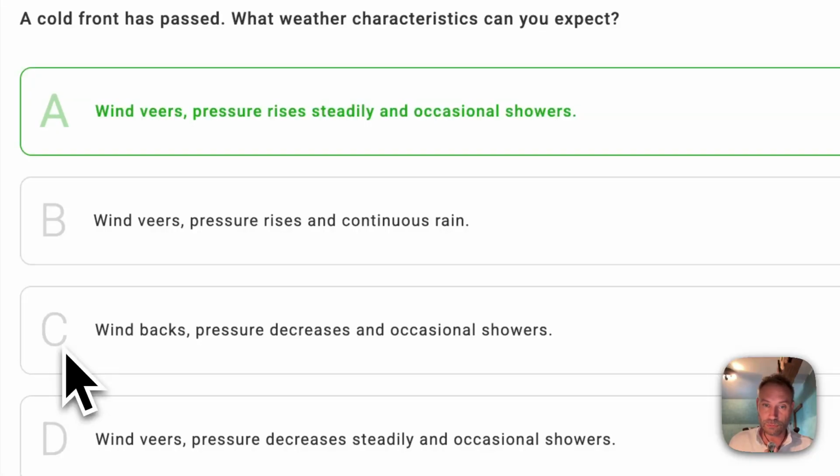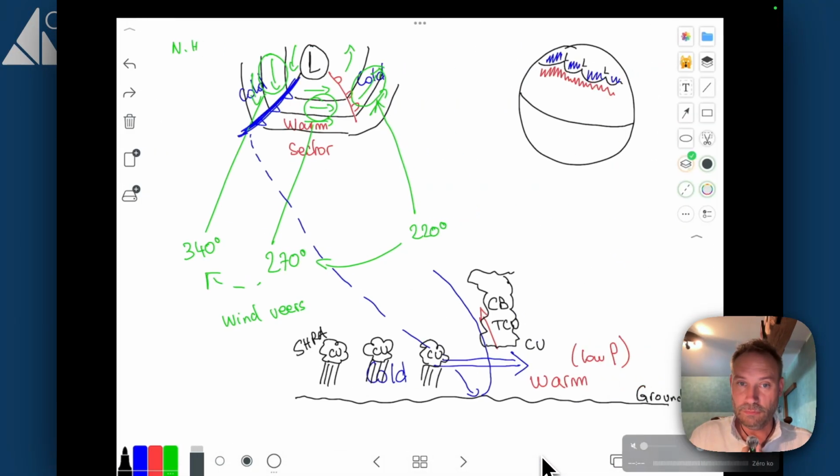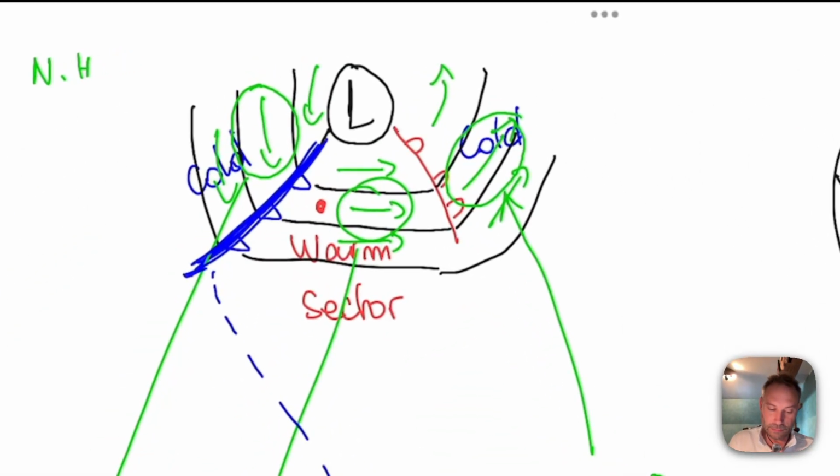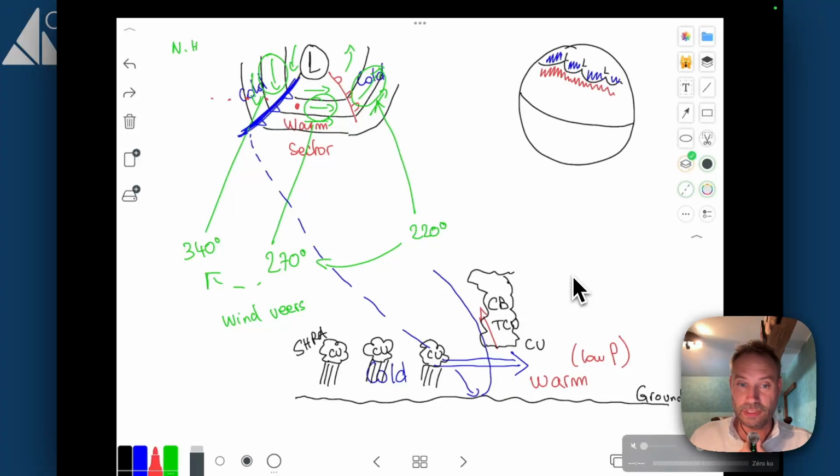We can also demonstrate it with the isobars, very simply, like if I come back to my drawing and if I imagine that I am placed here like that, once the cold front will have passed, I see that gradually my pressure is significantly increasing when the cold front will have passed. Okay, and that's it.